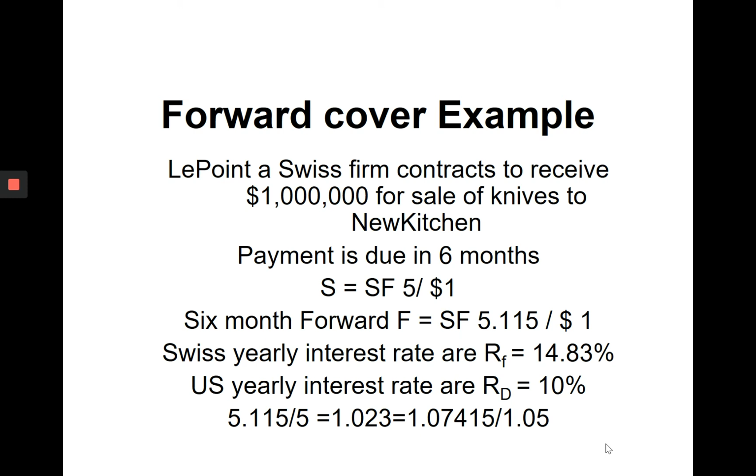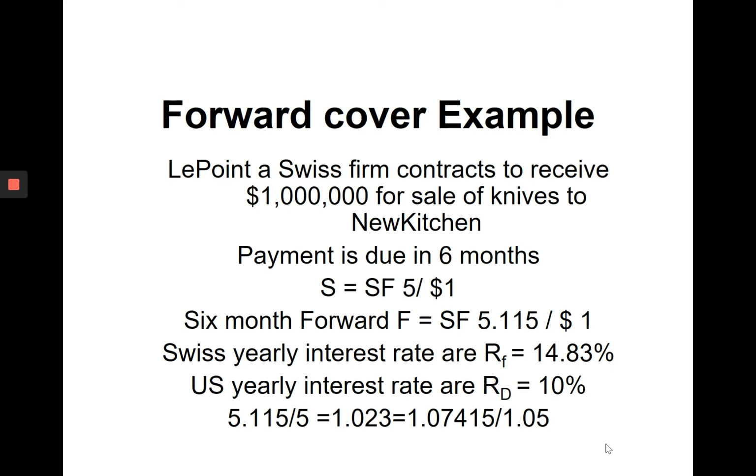Harvard uses this word "la pointe" for the Swiss firm, telling us that perhaps the company is in the French part of Switzerland, and point because they're selling knives. And the American wholesaler is called New Kitchen because they are selling kitchen equipment or utensils such as knives, and they sell it to retailers.